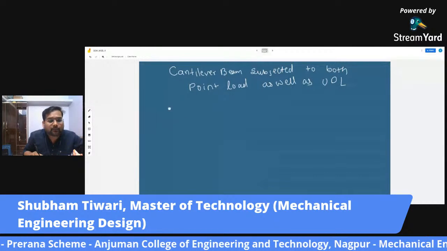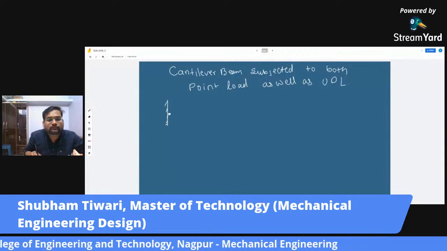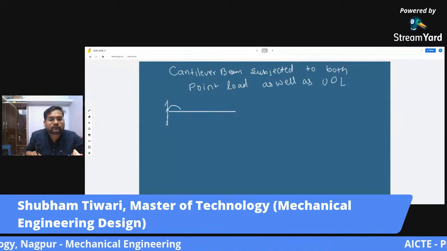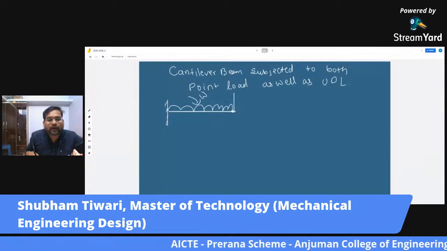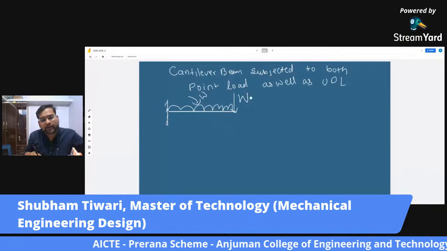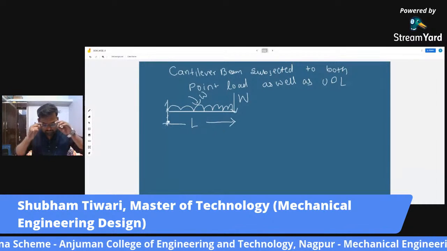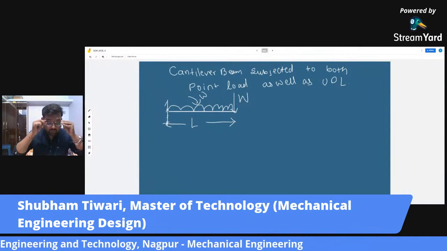So this is a bit complex position that we are dealing with now. Here we have a UDL, small w, and a point load capital W, and the length is L. Okay.